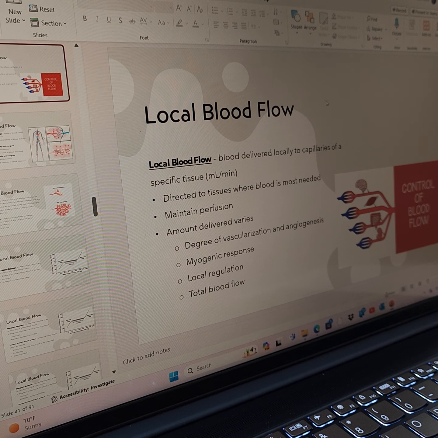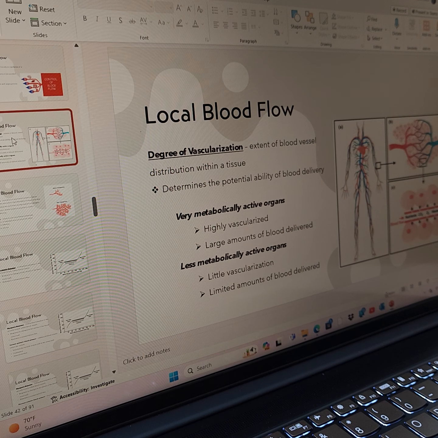Okay, we're going to breeze through local blood flow. Blood is delivered locally to capillaries of a specific tissue. This is signified as milliliters per minute. It is directed to tissues where blood is most needed. It maintains perfusion. The amount delivered varies depending on degree of vascularization and angiogenesis, myogenic response, local regulation, and total blood flow.